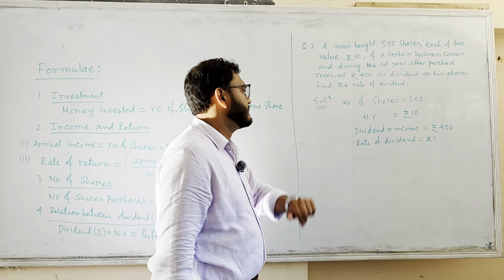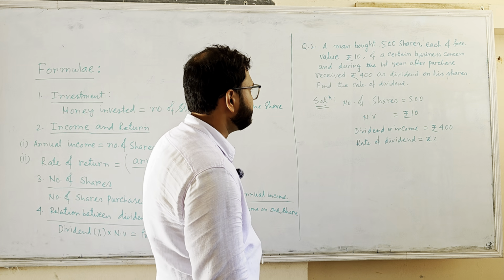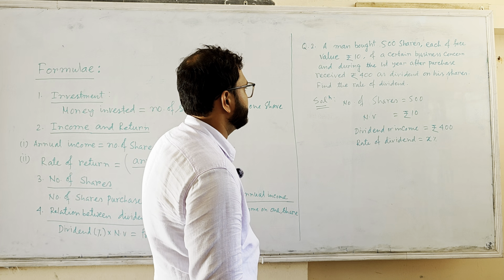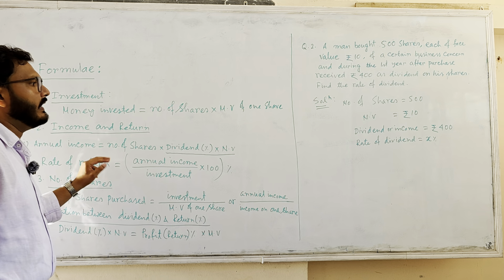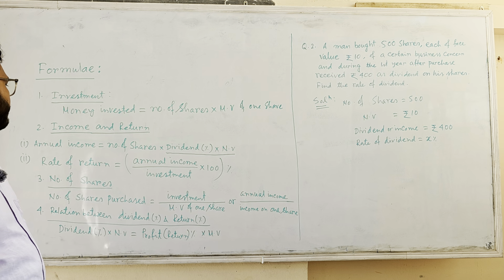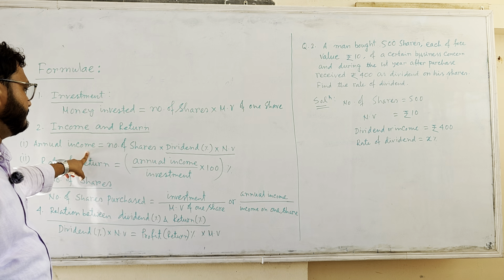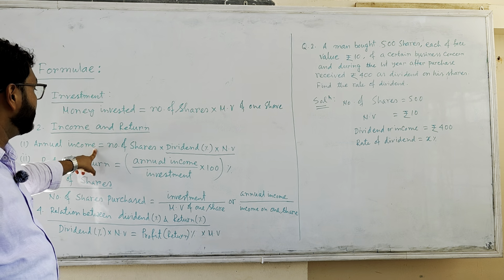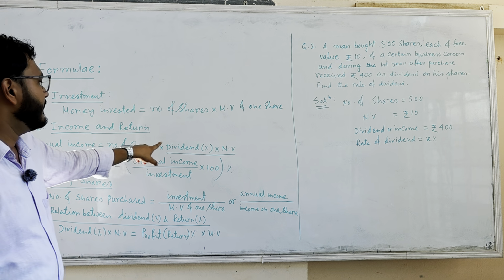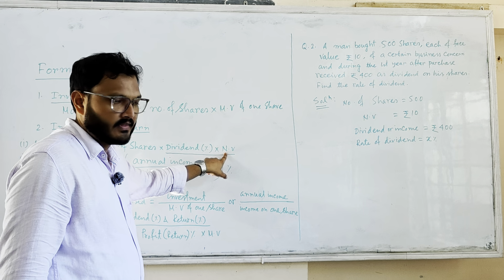So the number of shares is given, and the nominal or face value is given. Which formula do we apply here? Okay, look here. Annual income equals number of shares into dividend percentage into nominal value.